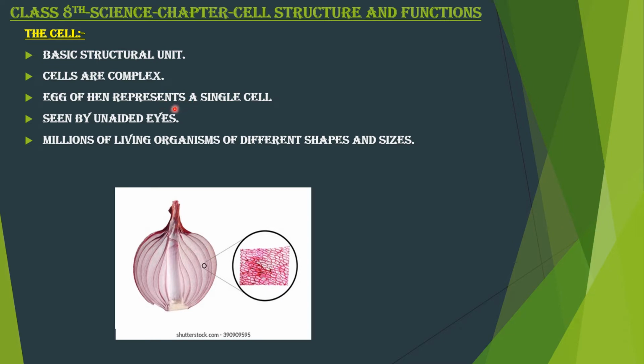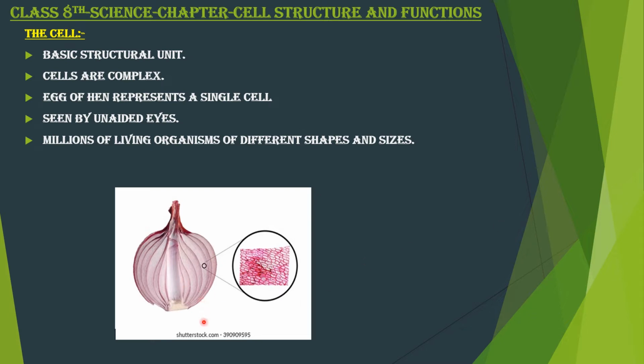A brick, for example, is a fundamental unit for buildings. Like that, the cell is a fundamental unit for big organisms. An egg of a hen can be seen by our naked eyes. Like that, some cells can be seen by our naked eyes, and some cells we can see only with microscopes.